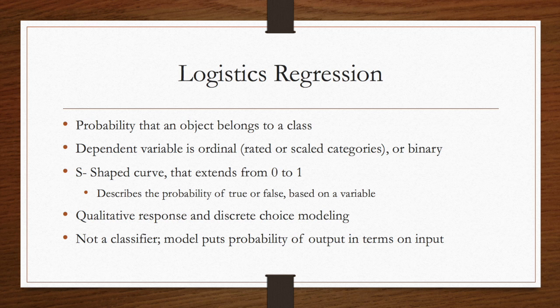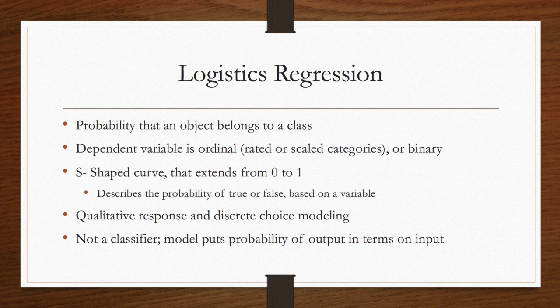A multinomial logistic regression is used when there are more than two outcome categories, such as did the medication treat the infection and did the treatment come back. Furthermore, logistic regression is an example of qualitative response and discrete choice modeling. The binary logistic model is used to estimate the probability of a binary response based on one or more predictor or independent variables or features.